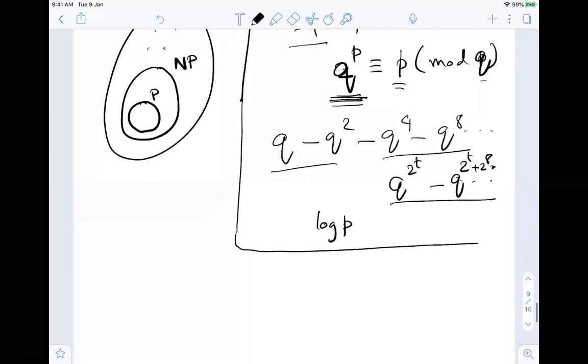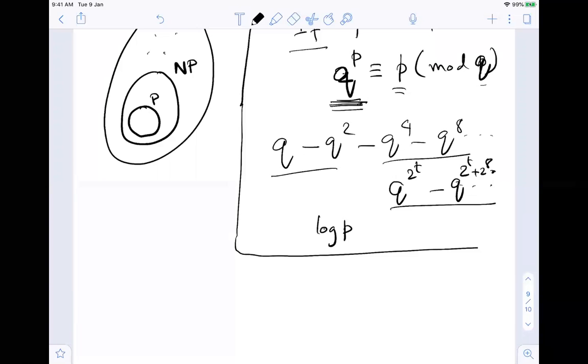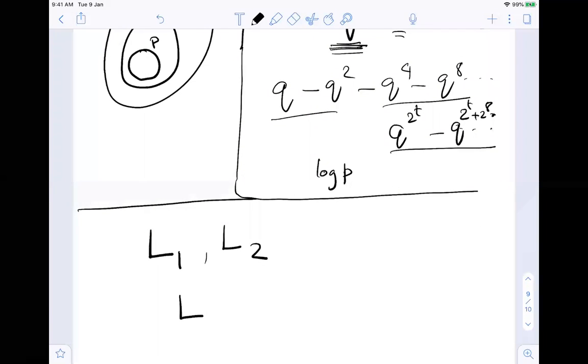Then we come to the next thing, and this is something that we have done earlier in some sense, you guys have done actually. If I take two languages, L1 and L2, then I can ask which one is harder. Is L1 less than or equal to L2?